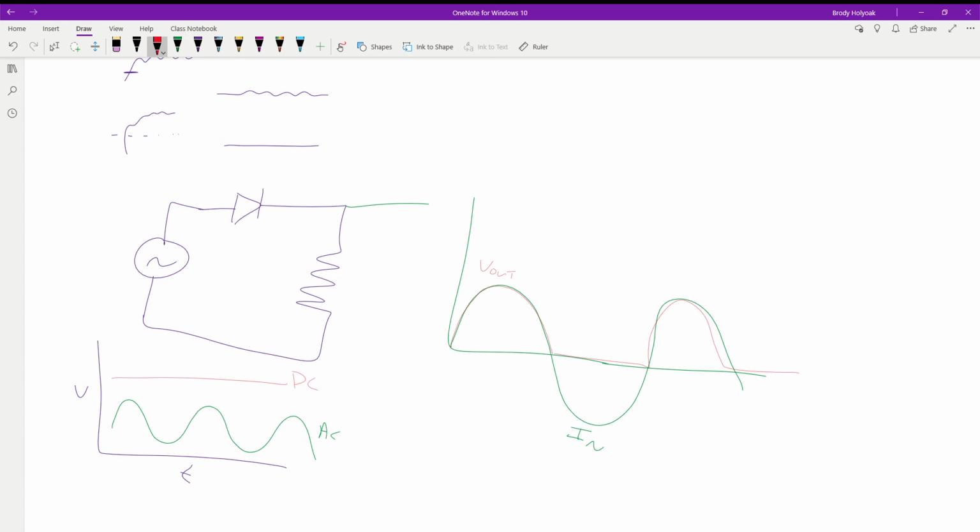So this is V diode, this is V out. We're going to see a 0.7 volt drop across the diode, and then when it hits the negative, it's going to drop everything. The output is going to have 0, and then when the positive comes back up, we'll see it drop back up to the 0.7 volts. Which we may want. In this case, we either want the positive or the negative peak of these.